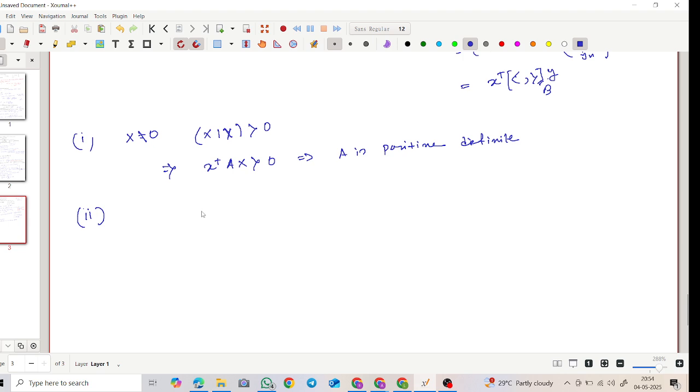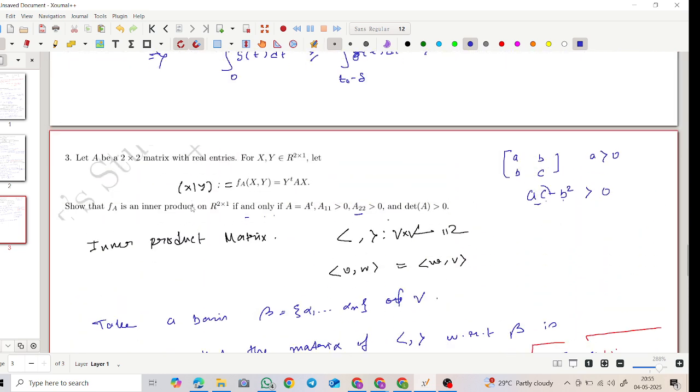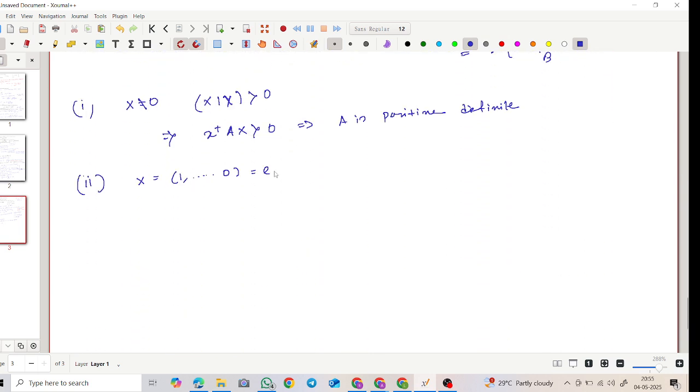Another thing you can notice is that if you put x equals 1, 0, 0, 0, call it E1. You were saying something regarding why we need A22 to be greater than 0. I told you that for 2 cross 2 we don't need it, but for greater dimensions you will need it. So what is x transpose Ax in this case?